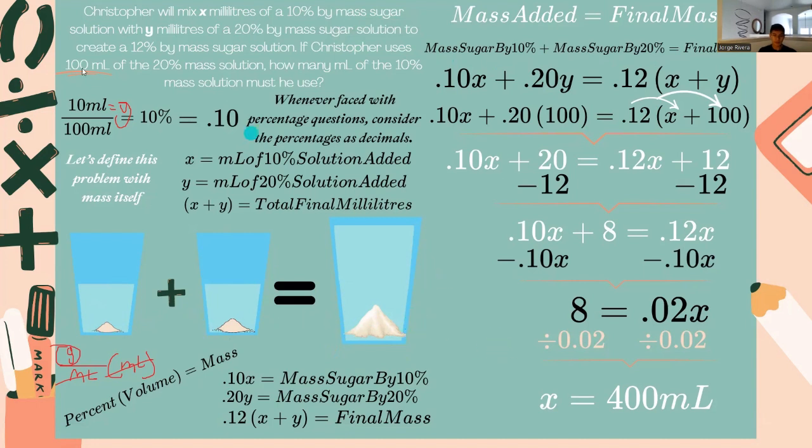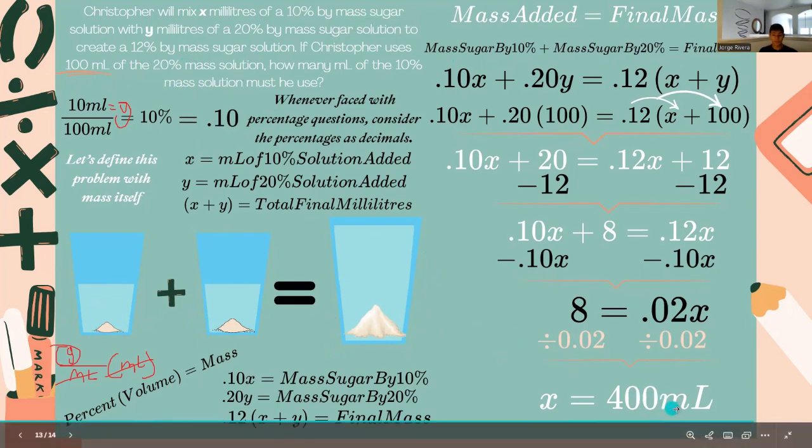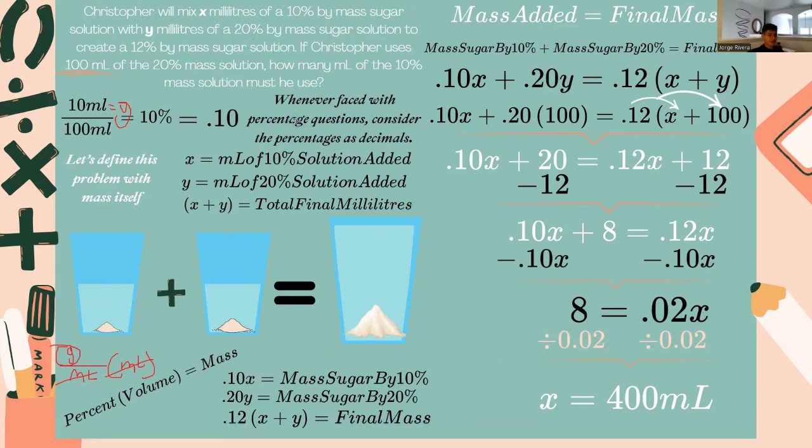So what this is saying is that in order to create a 12% by mass sugar solution, you need to use 100 milliliters of the 20% mass solution and 400 milliliters of the 10%. This is very useful when you're trying to make a concentration. This is basically just a concentration question.